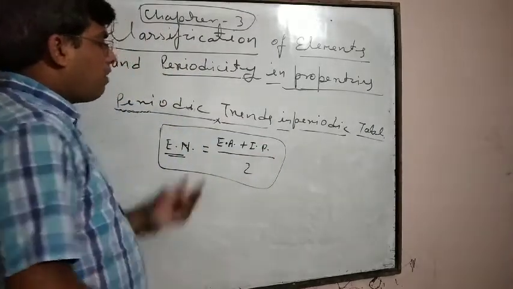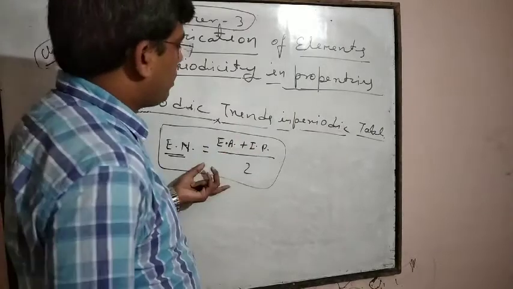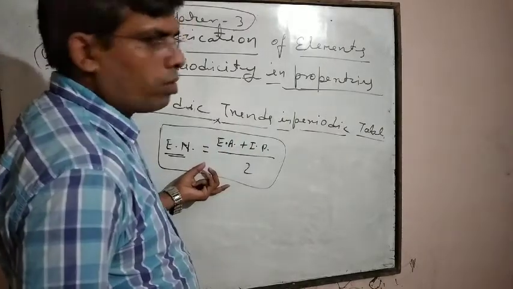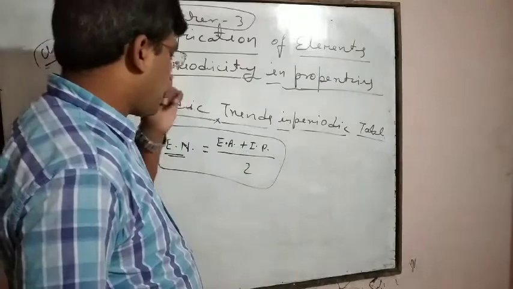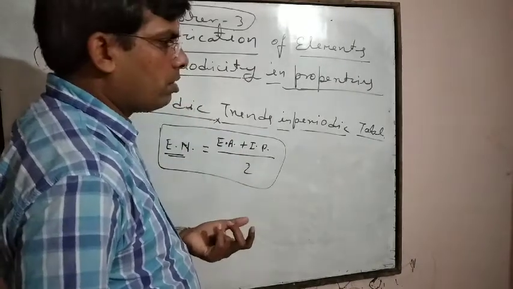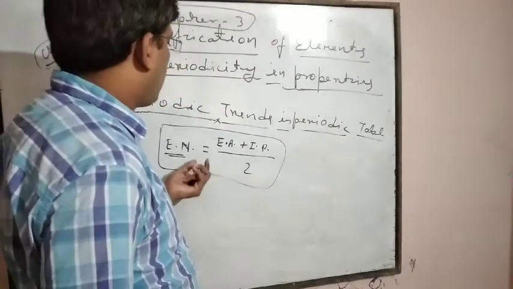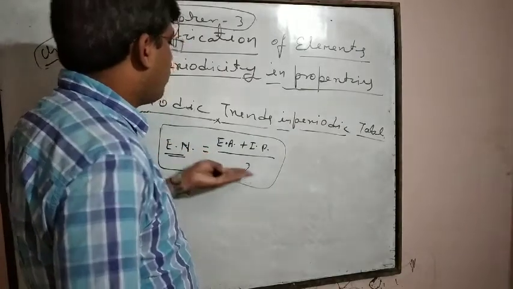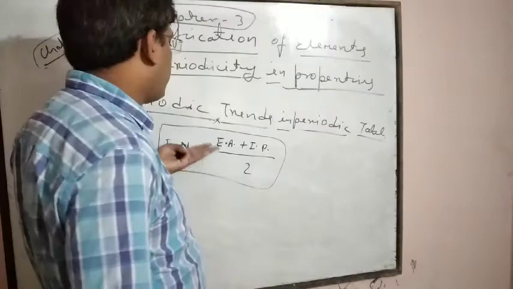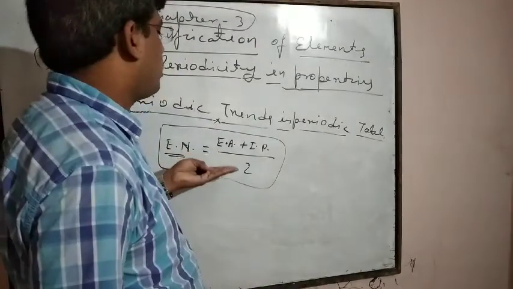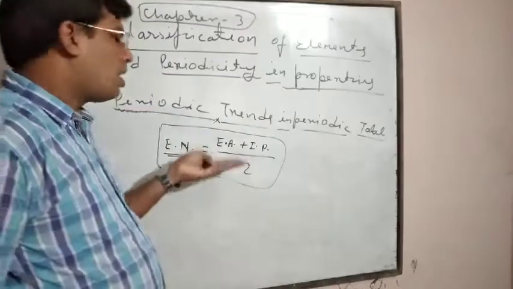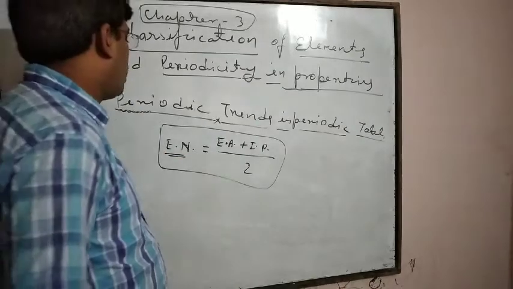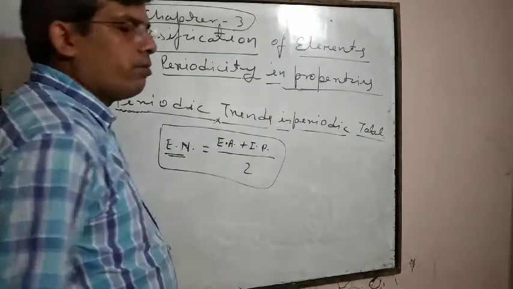In this way, if electron affinity and ionization potential are known, and if the sum is divided by 2, means if the average of electron affinity and ionization potential is calculated, then that will be equal to the electronegativity.